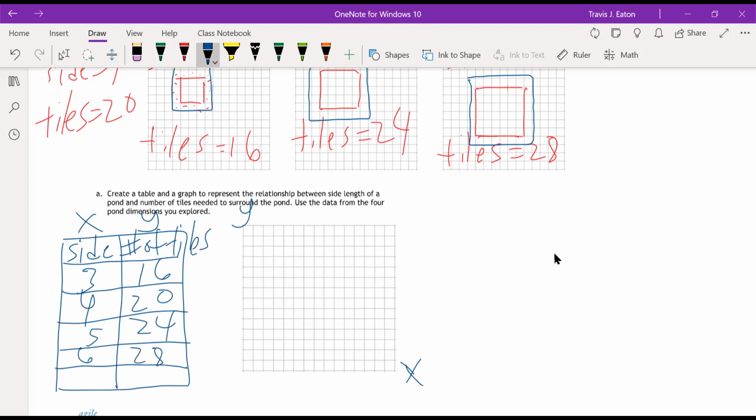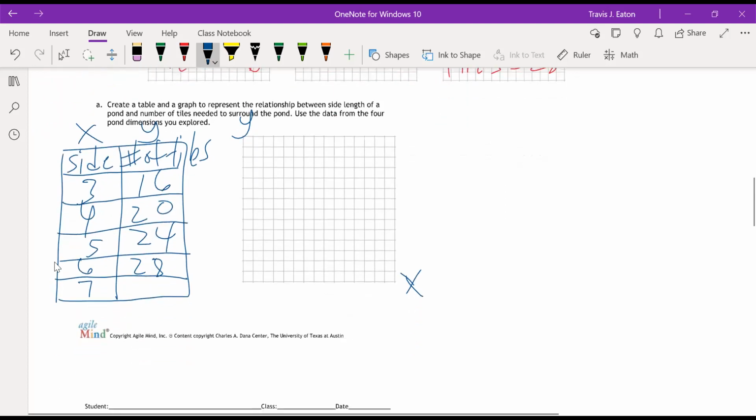Does anybody have a guess as to what 7 would be? Go ahead and type it into the chat if you think you know how many it'll be for a length of 7 on each side. Be interesting to see if you're recognizing the pattern yet. Chelsea, yes. You're absolutely right. You're seeing the pattern.